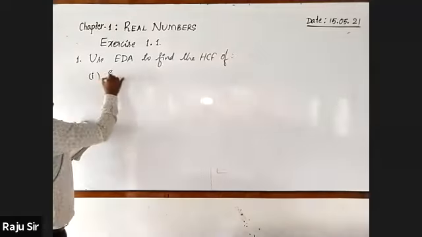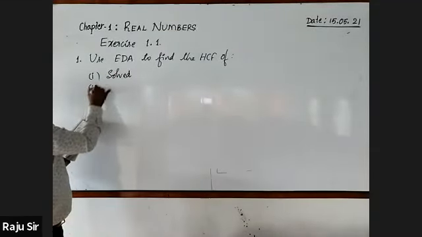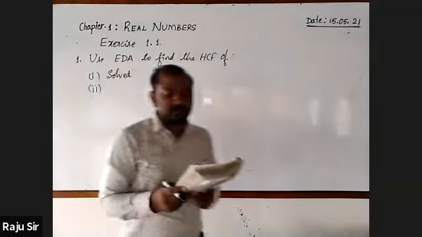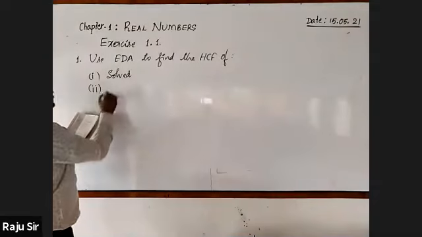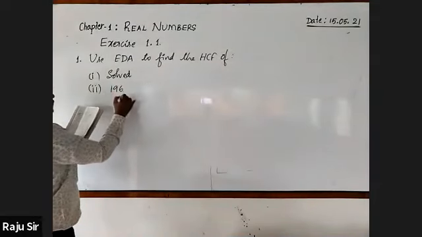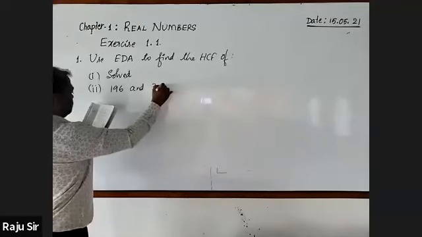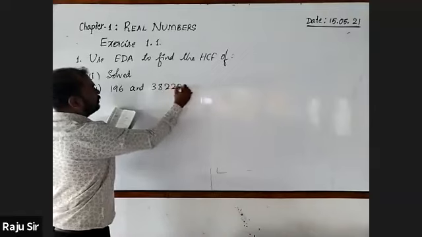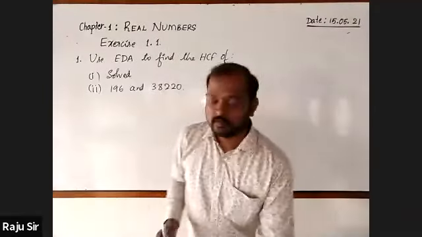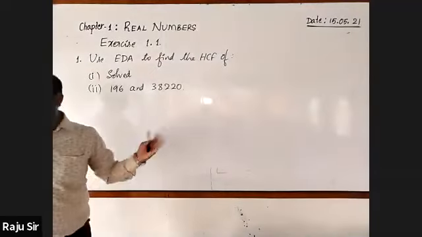Just write. Solve. Now, write second one. It is 196 and 38,220. Hope that you can try to solve this.